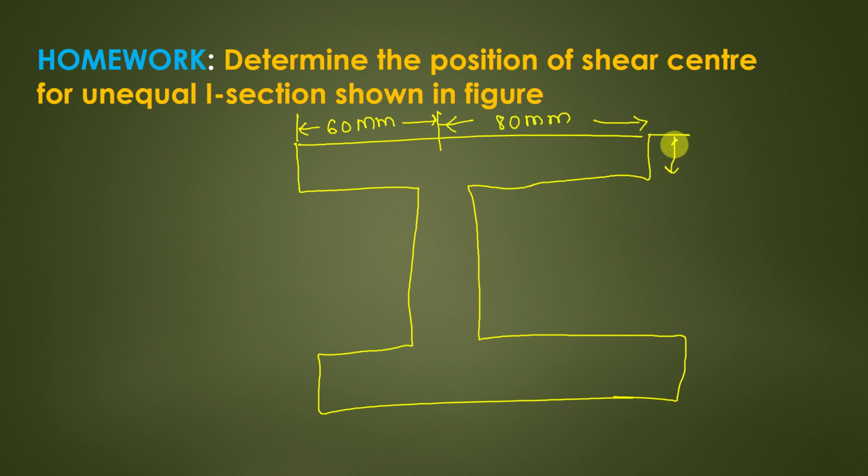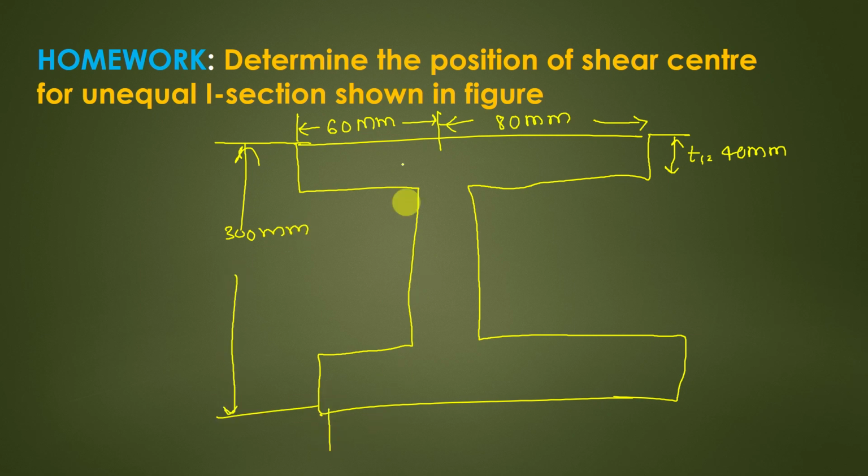The thickness of flange t1 is 40 mm, and the entire depth is 300 mm, and these are also the same values below. This is also 60 mm, this is also 80 mm, and thickness of web is 20 mm.